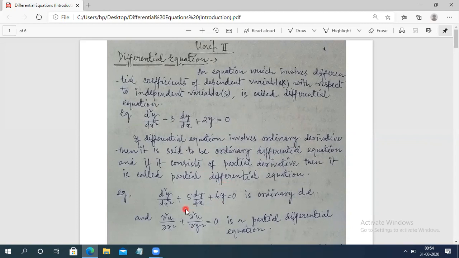So this is an example of an ordinary differential equation because it involves only ordinary derivatives. And this, del2u/delx^2 plus del2u/dely^2 equal to 0, is an example of a partial differential equation.